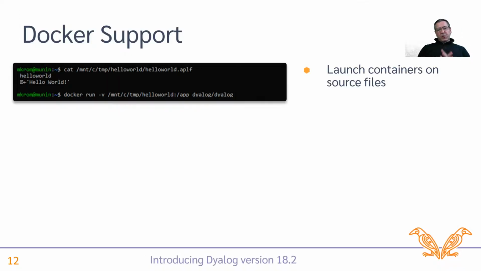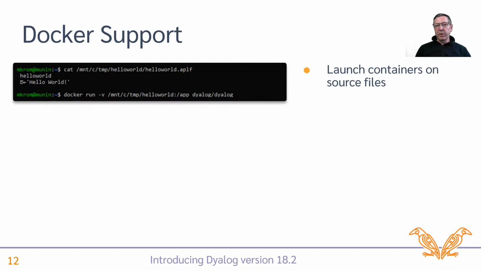So Docker support or using containers is also something that we see as becoming more and more important. It makes it very much easier to integrate all kinds of APL development with continuous integration pipelines or deploying applications on the cloud. And the Docker support in version 18.2 is significantly improved.